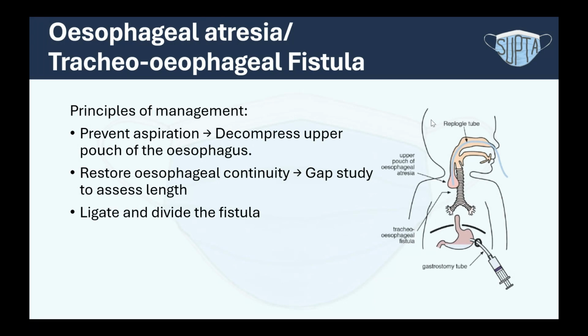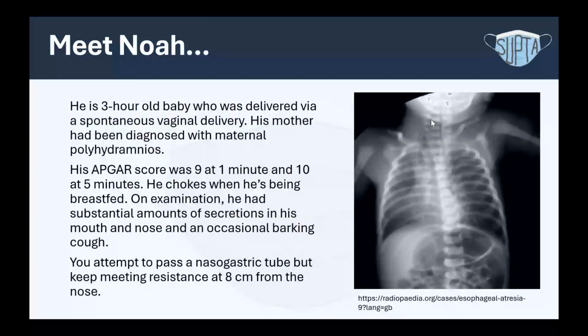Okay, so let's now go back to Noah's case and quickly review what he had, an esophageal atresia. I'll give you a minute to read parts of this vignette, and I want you to put your answers in the chat.